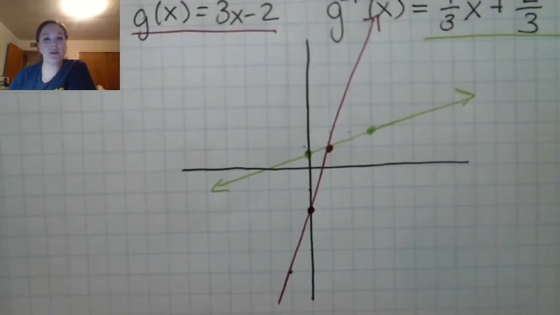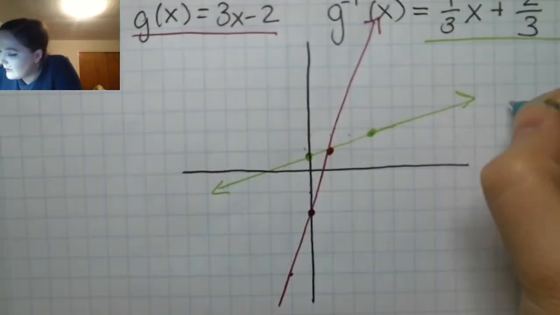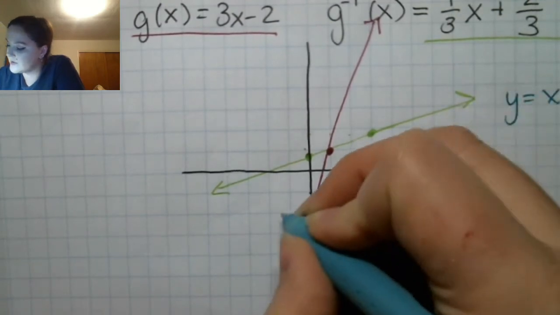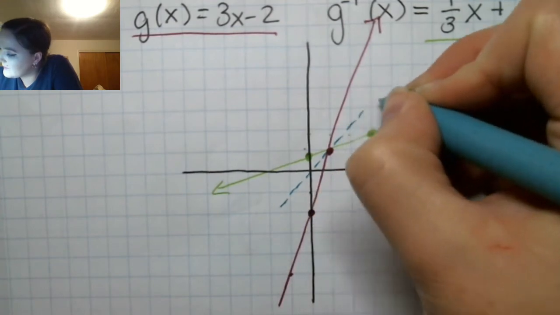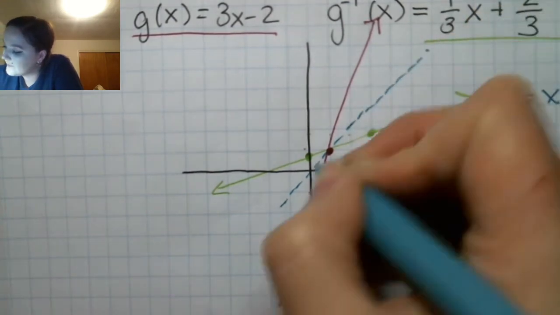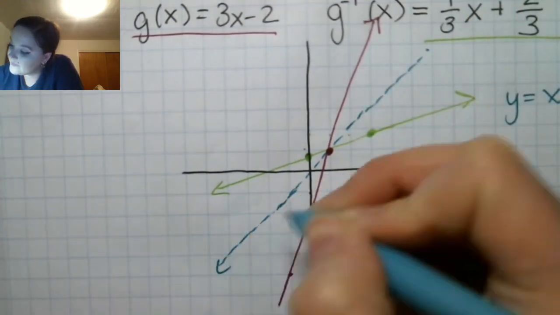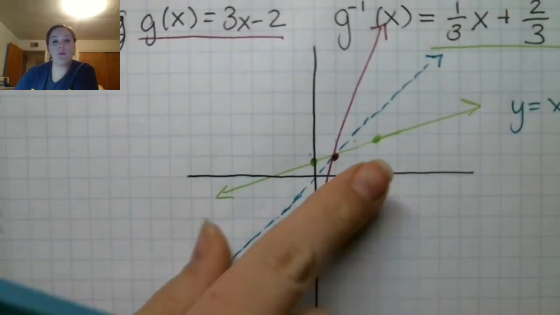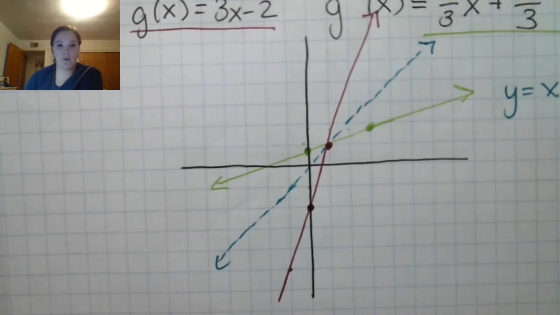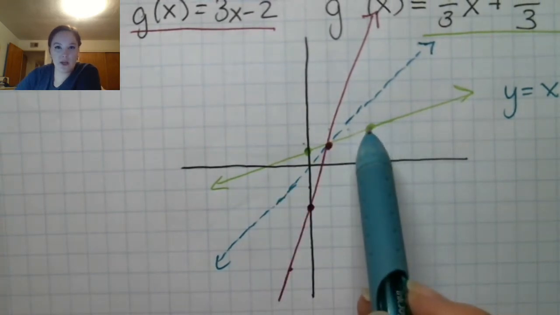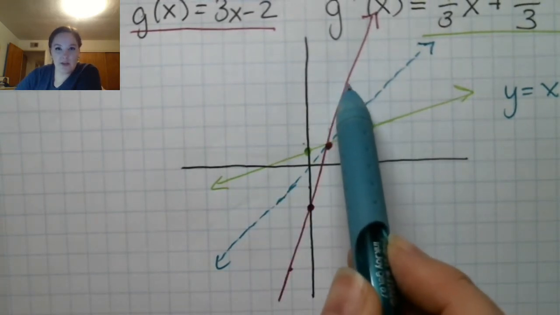And our last graph, graph B, when we look at the line y equals x, it's going to look like this. Again we can see that they're reflections of one another across the line y equals x. This point is going to be reflected up here.